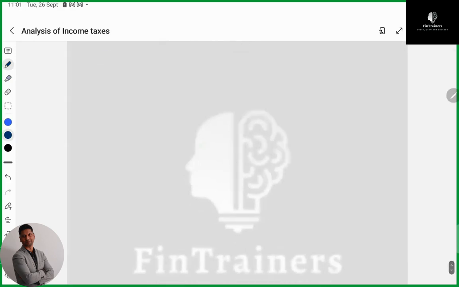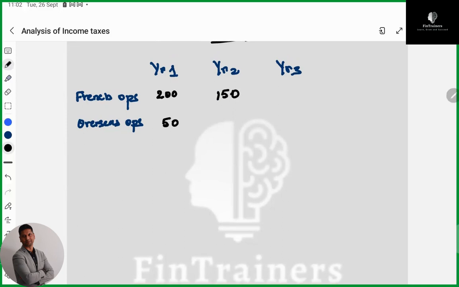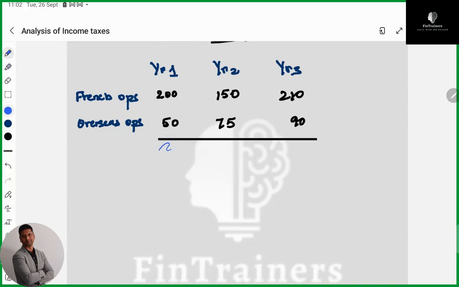Now let's calculate some effective tax rate. So let's say this company is based out of France, from your notes. So they have French and overseas ops, and this is all in millions of euros: 250, 150, 75, 210, 90. A total of 250 in EBT, this is all EBT, 250, 225, 300.